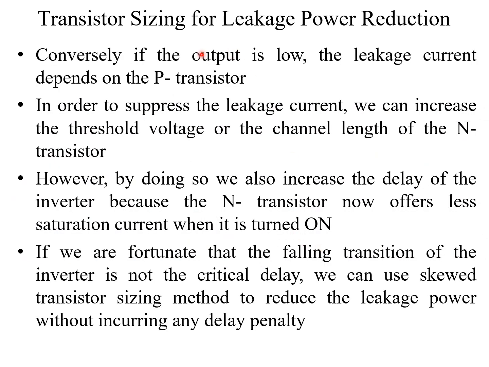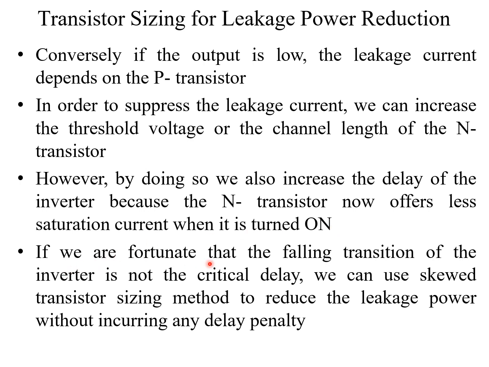If the output is low, the leakage current depends on the P transistor. In order to suppress the leakage current, we can increase the threshold voltage or the channel length of the N transistor. However, by doing so, we also increase the delay of the inverter because the N transistor now offers less saturation current when it is turned on.